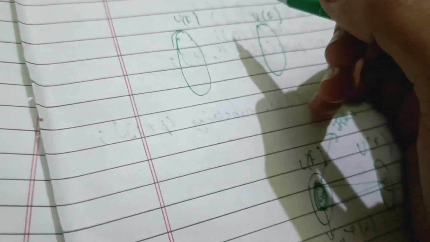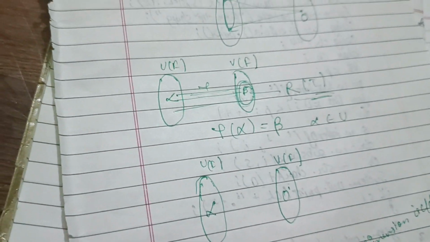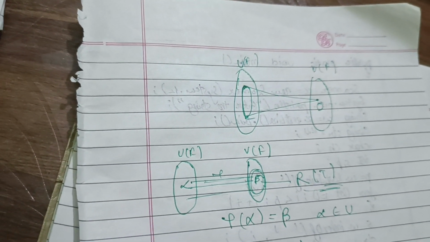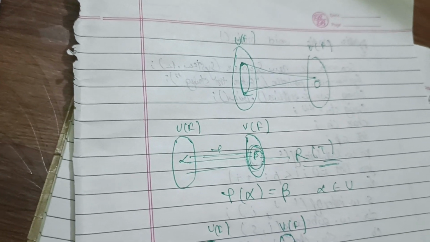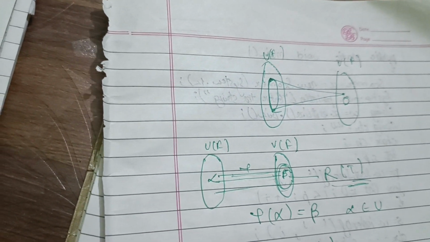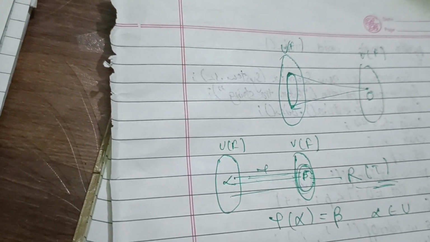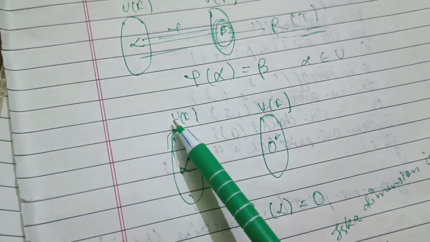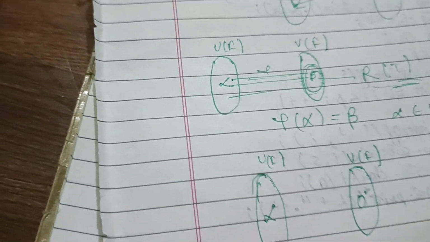Now for the null space, let's suppose alpha is an element here and it is mapped in V(F) to 0, not 0', it's 0. Then T(alpha) = 0. The dimension of this null space is called the nullity, and the dimension of the range is what we call the rank. Now we will see rank and nullity further.